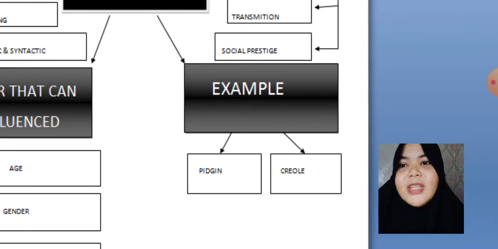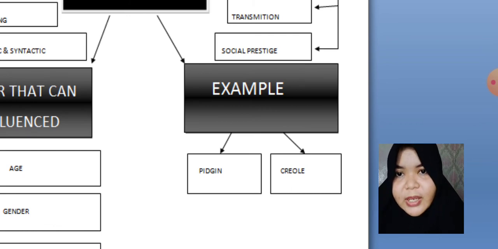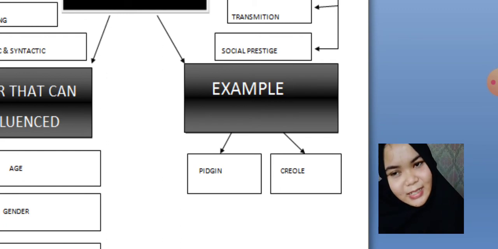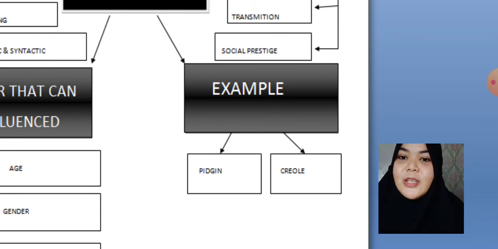Now we are going to the examples, the results of language change. The first one is pidgin, and the second one is Creole. The simplest definition of these two is a blending of two or more languages that happens and creates a new way to communicate with each other.